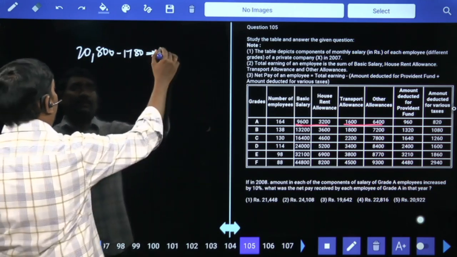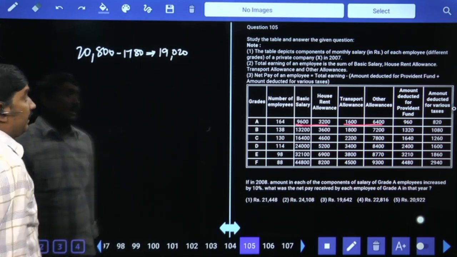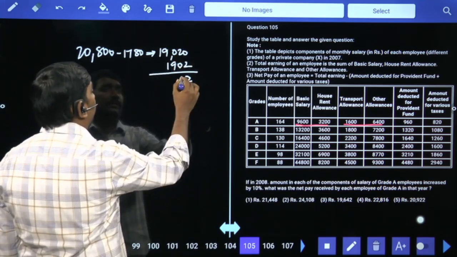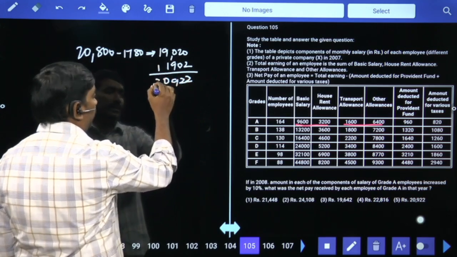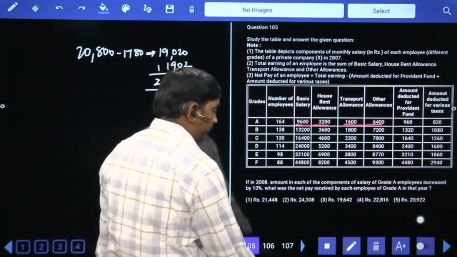So 19,020. 10% increase means 1902 increases, 20,922. Fifth option is your answer.